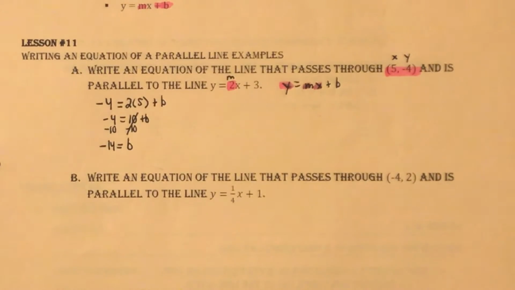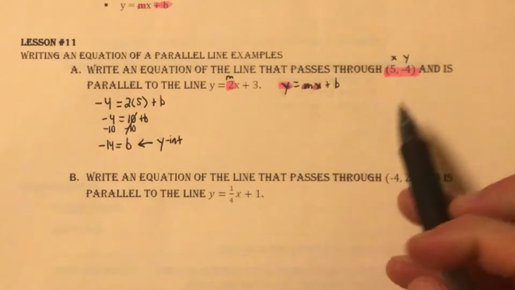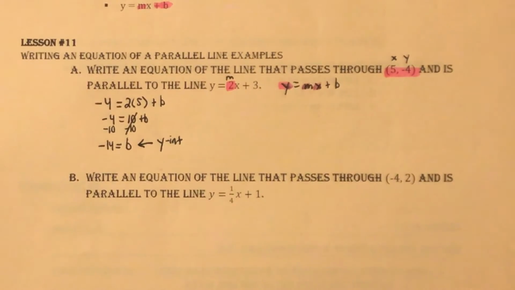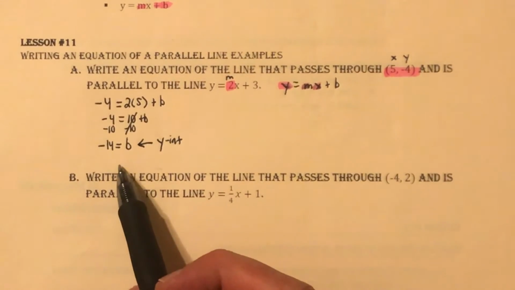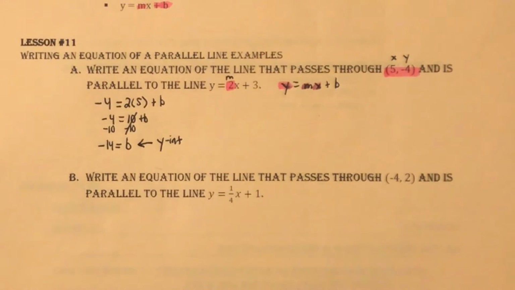So I have figured out what b is, and reminder, b means the y-intercept. This is the y-intercept of our parallel line that passed through the point 5, negative 4. Once I have the y-intercept and I also know the slope, I can go back in and write the equation of my line in slope-intercept form.